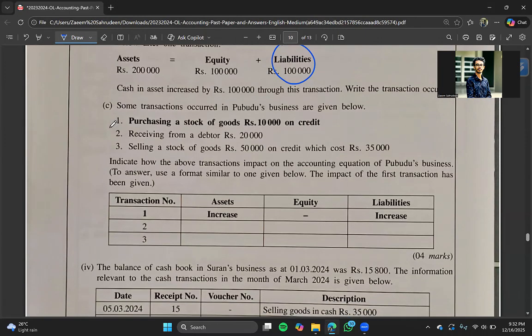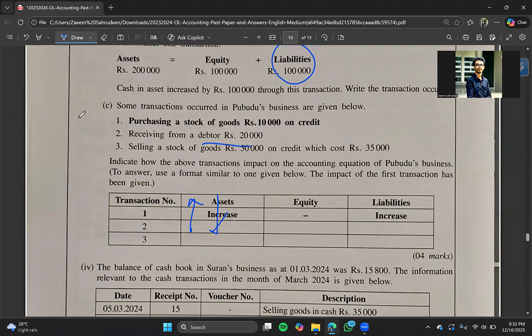Then there are some transactions given, and you have to record them in this table. Receiving from a debtor: cash will increase and debtors will decrease.